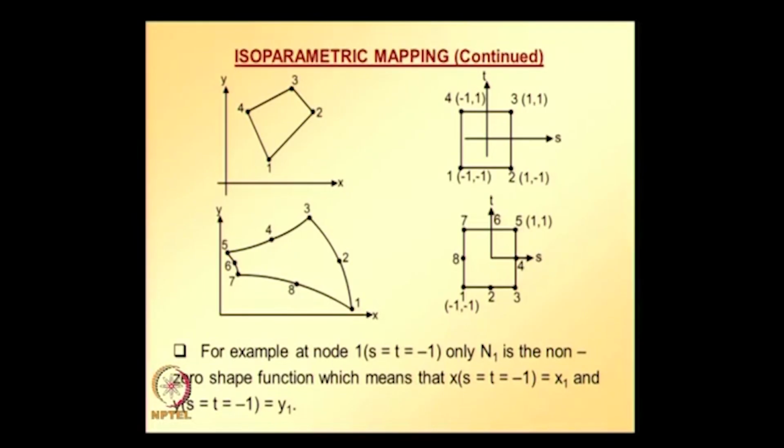For example, at node 1 only N1 is non-zero and its value is equal to 1, which means that x evaluated at s is equal to -1, t is equal to -1 is x1, and y evaluated at s is equal to -1, t is equal to -1 is y1. So, this illustrates that corners of the actual element are mapped onto corresponding corners of the parent element.